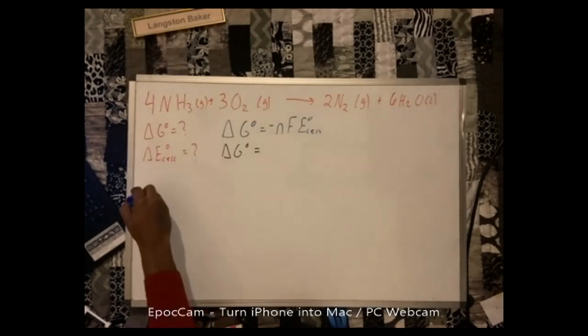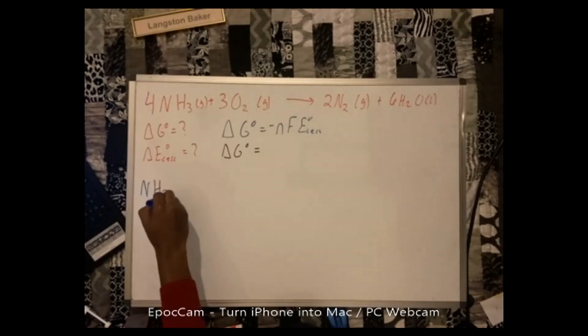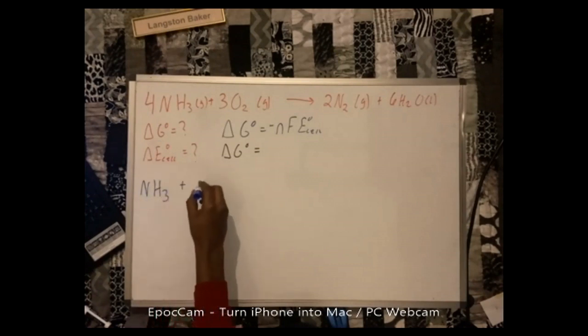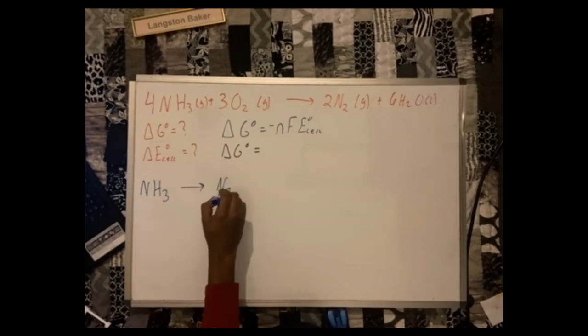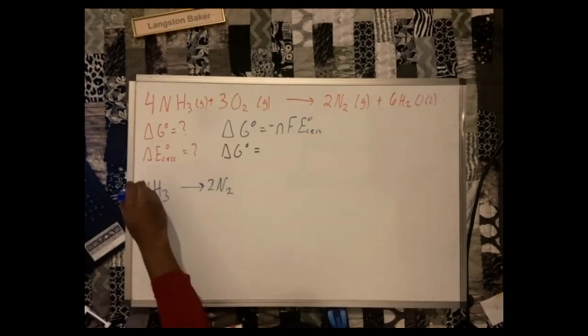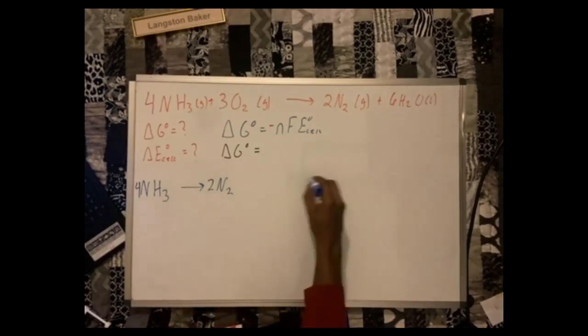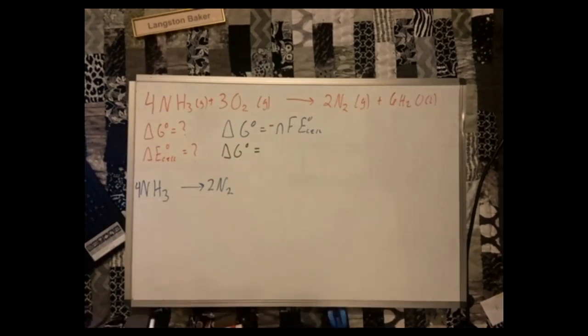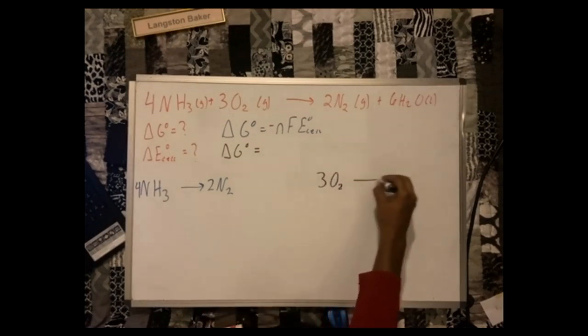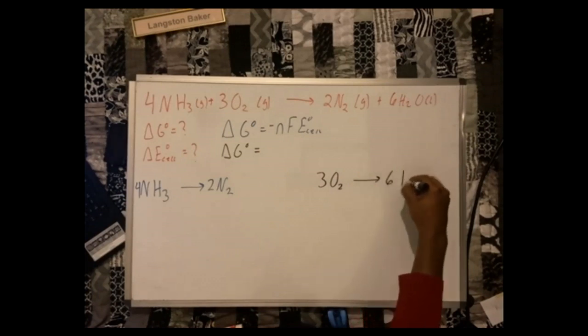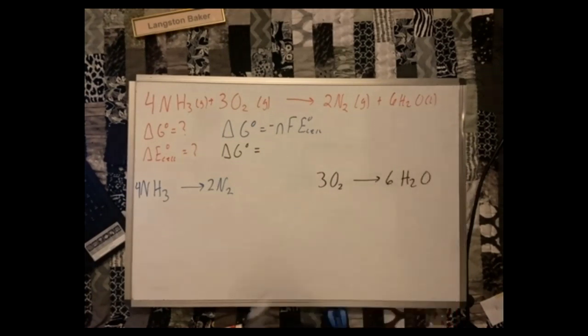I'm just gonna do NH3 goes to N2. I guess we can keep the coefficients. And then we have our other one: 3 O2 goes to 6 H2O.